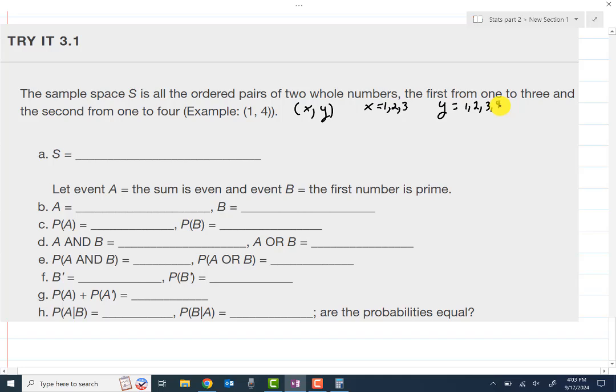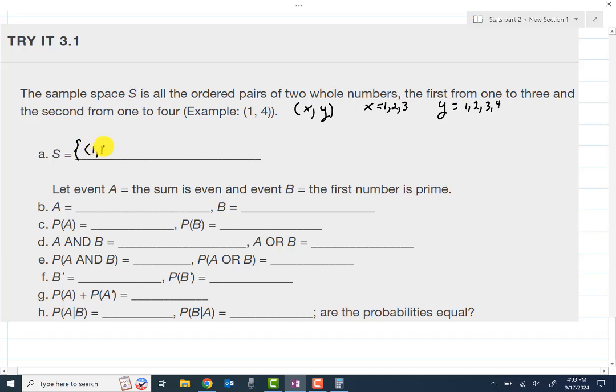So one of the things we're going to do is counting, complicated counting later in the semester. How many possible pairs are there here? There's 3 choices for x and there's 4 choices for y. So that gives us a total of 12 choices. I'll show you. I'll start off first with all of those items in S where x is equal to 1.